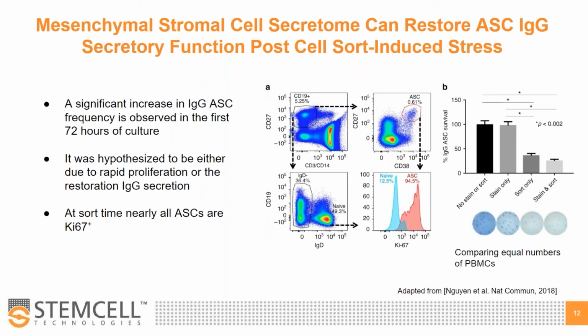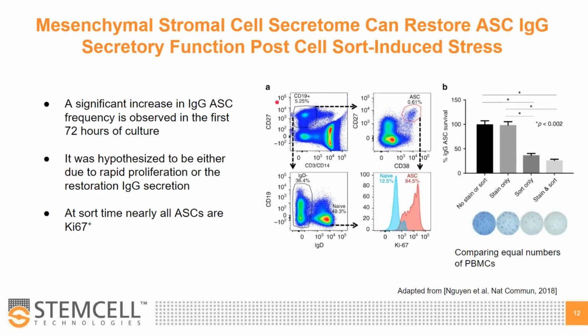They noted in all of their previous experiments that they see a significant increase of IgG secreting antibody secreting cells in the first 72 hours. And the authors hypothesized that this would either be due to rapid proliferation in the first 3 days or the restoration of IgG secretion. And they hypothesized this because they suspected that sorting the cells would cause the antibody secretion function to be reduced.